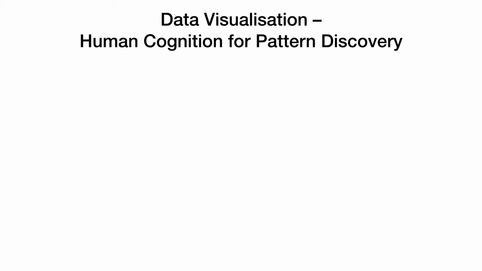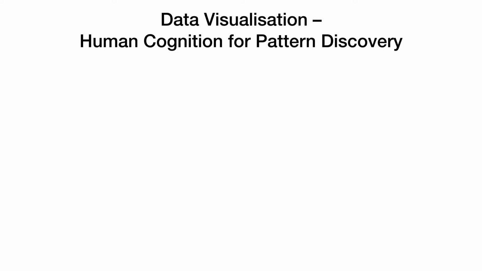The human brain is actually a very powerful computer. It is not designed to do calculations or remember everything, but rather it is very good at pattern discovery and recognition, even better than the fastest computer we have in the world.